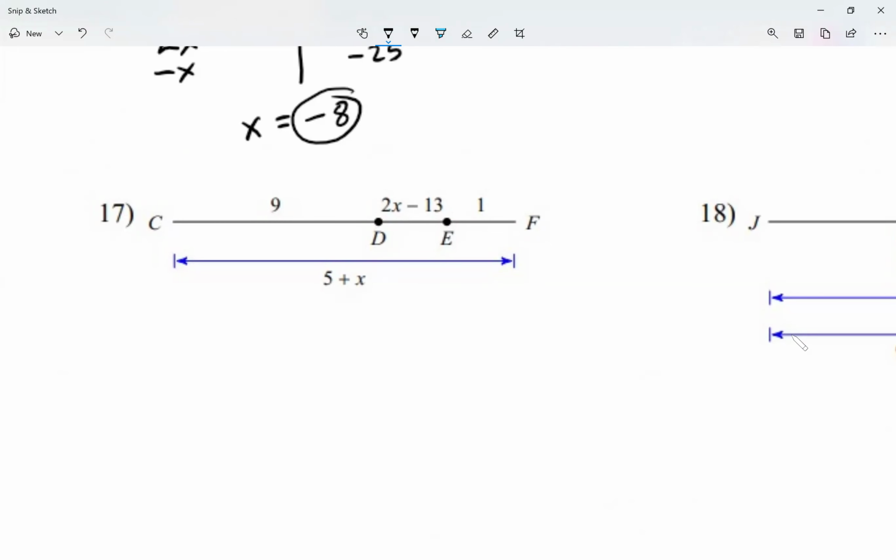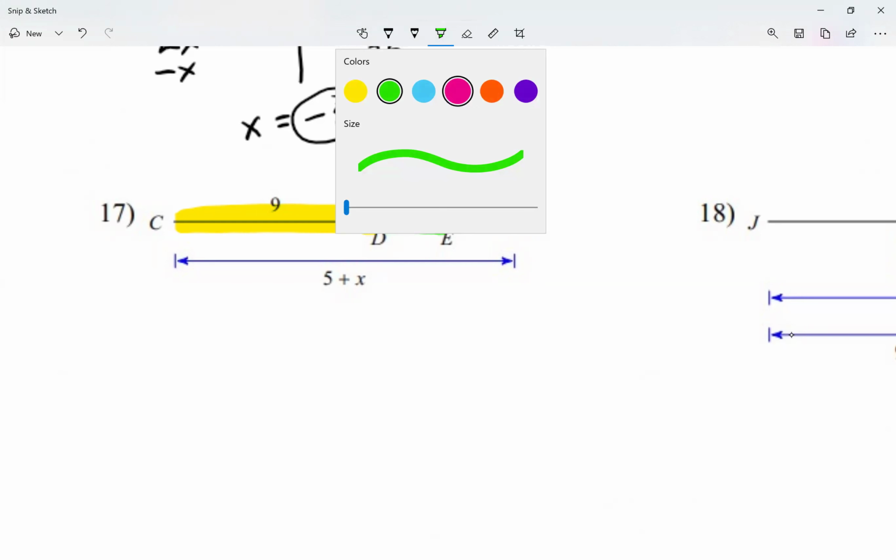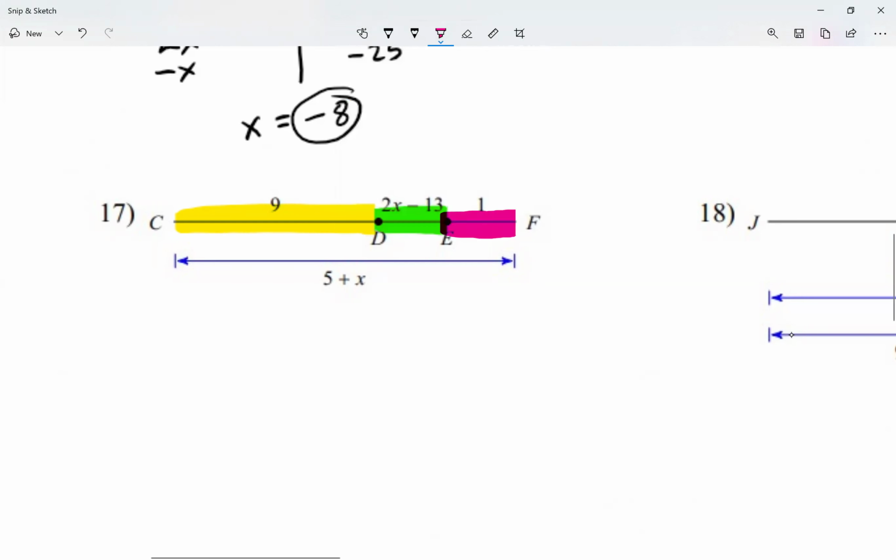Now 17, there's three small segments. I see one of them is 9. I'm going to highlight them in different colors. I see another one is green. There's another segment, and let me say this other one right here is 1. Combined, they make a bigger segment.